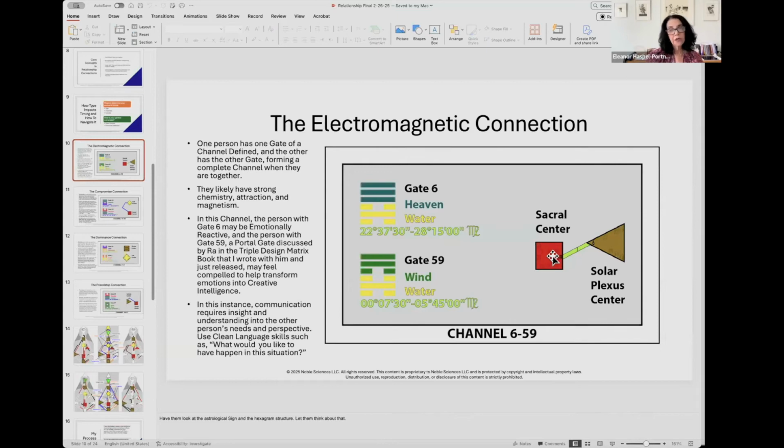So if you're in a relationship and there's an electromagnetic connection between the 6 and the 59, the person with the 59 is going to be the person responsible for helping the partner transform emotional reactions.